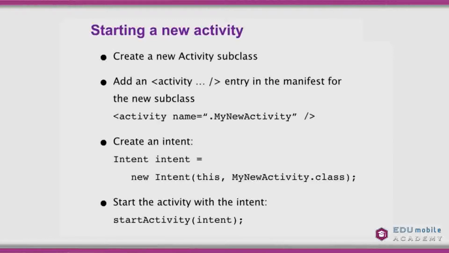The next thing you need to do is create an intent, and this is pretty simple. The intent has several constructors, but the one we're interested in is the one that takes a context and the class of your activity. So we create a new intent by initializing intent to a new intent, passing it usually this, which is the context that the intent is going to be fired from, and of course this meaning the activity that we're in, and then MyNewActivity.class.